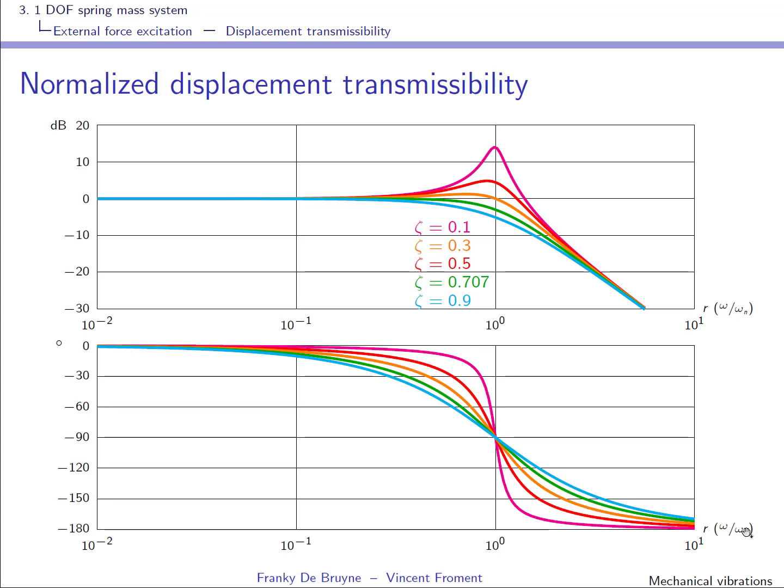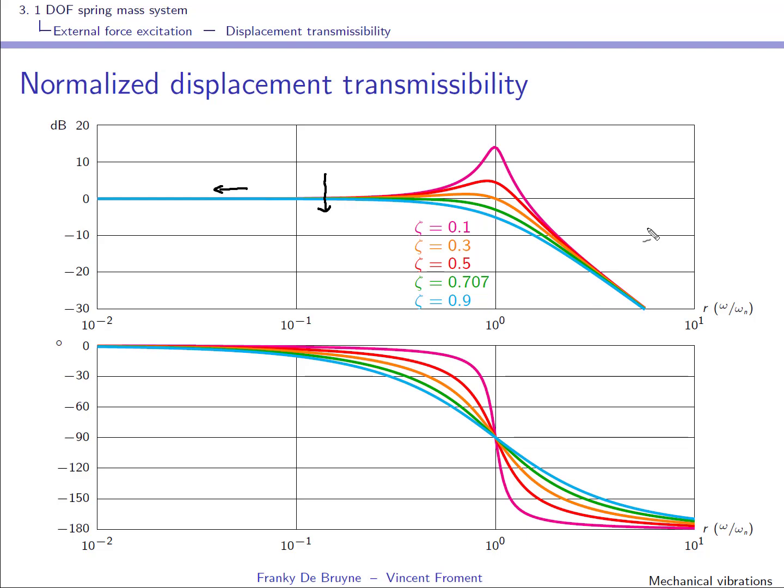Don't forget that if you want the displacement transmissibility, you have to multiply by 1 over k. So this will cause a shift in this part of the Bode diagram. But remember that in low frequencies, this normalized displacement transmissibility is 1 or 0 dB. There is hardly any phase shift. Okay, so this is the behavior for omega much smaller than omega n.